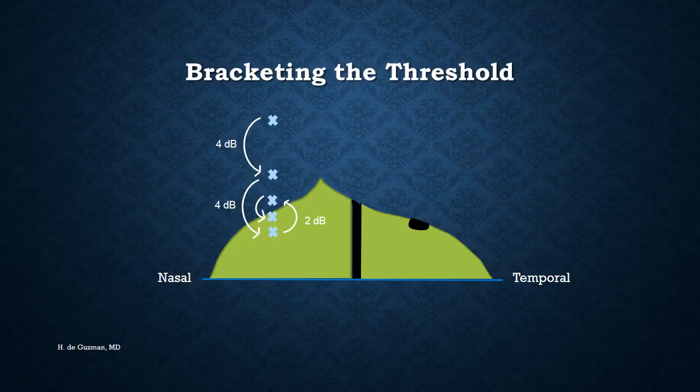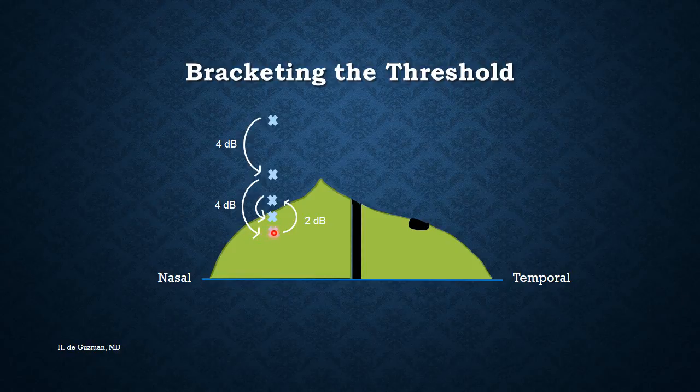This is an example of how a full threshold algorithm will determine the patient's threshold. So it starts with a very dim stimulus, and if the patient did not see it, then it gives a 4 decibel brighter stimulus. If the patient still did not see it, it goes brighter again by another 4 decibels, but this time the patient saw it.